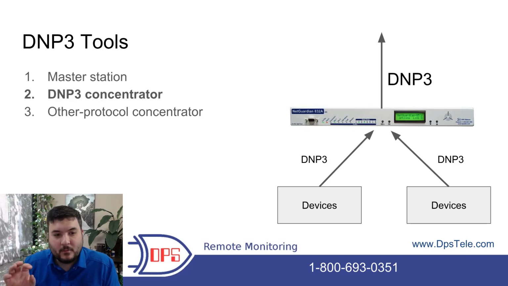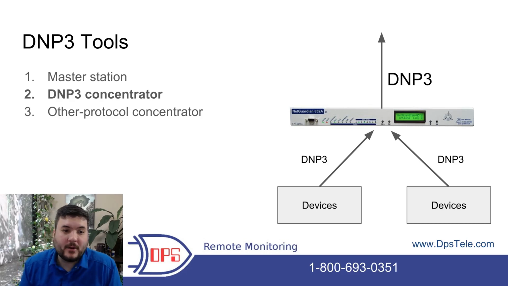In the raw concentrator function, we're not actually converting. In this example, you're just taking in DNP3 from different devices out at a location, and then the RTU, the NetGuardian in this case, is performing just a concentrator function. It's just going to send DNP3 up as a single device. It's perhaps done a little bit of muxing because different equipment might have sent alarms at different times, and it's going to send it up as one nice clean stream of DNP3, but nothing had to be converted.